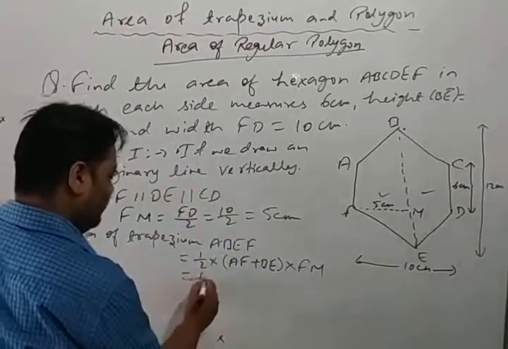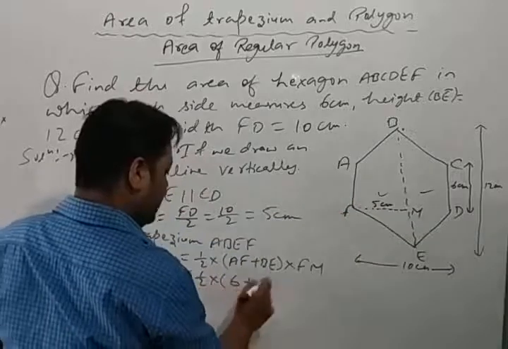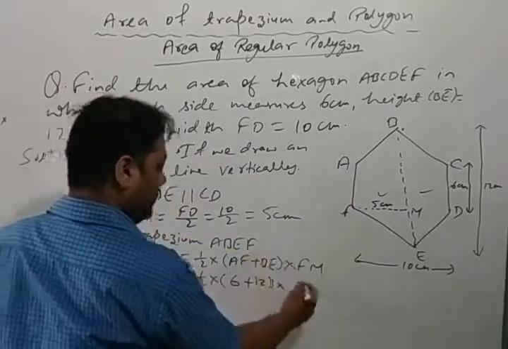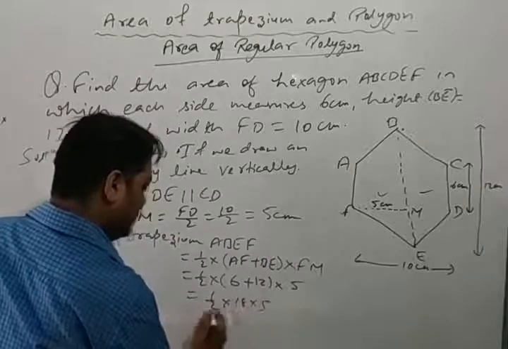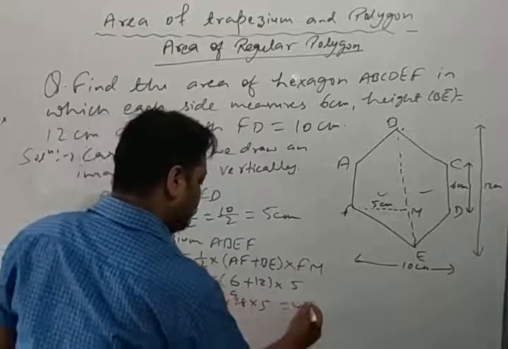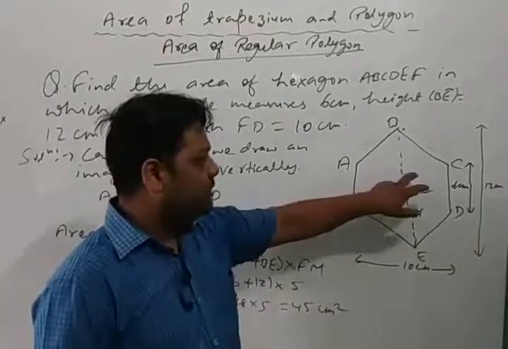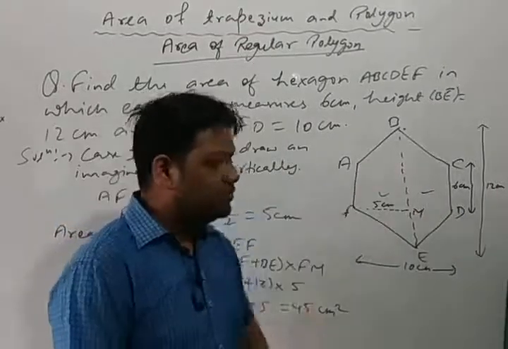Now 1 by 2, AF is given 6 centimeter and BE is given 12 centimeter and FM we have just found 5 centimeter. Then it will be 1 by 2 into 18 into 5. So 2 9s are 18, that is 9 into 5, 45 centimeter square. So we can say that the area of this trapezium and the area of this trapezium are same. So 45 centimeter square this one and 45 centimeter square this one.